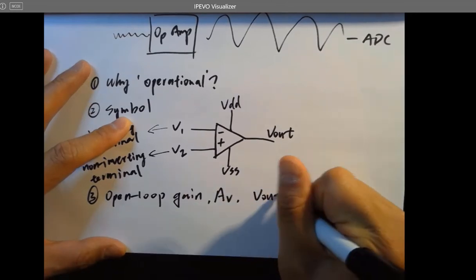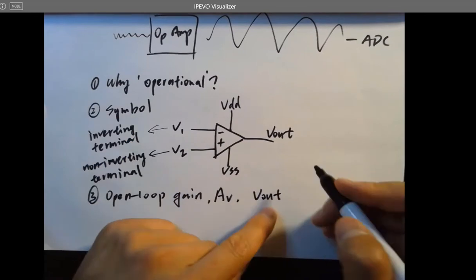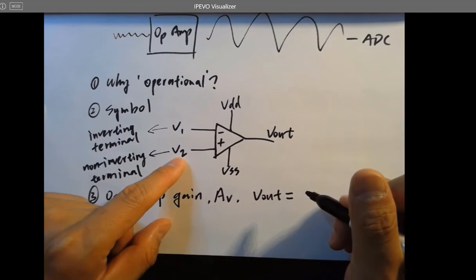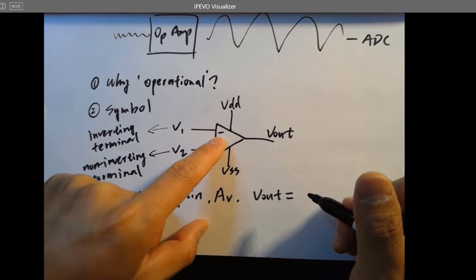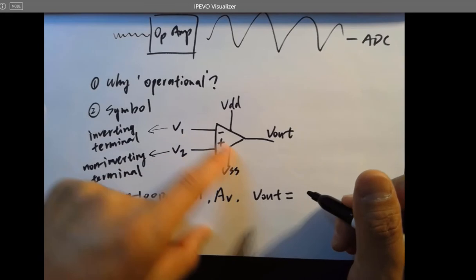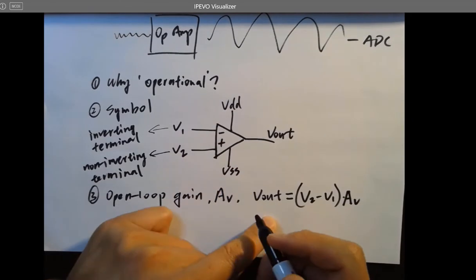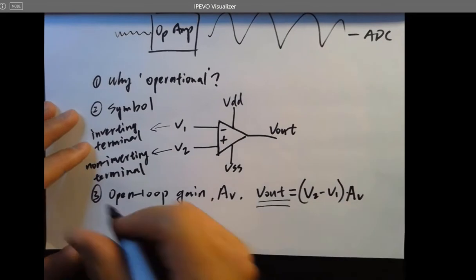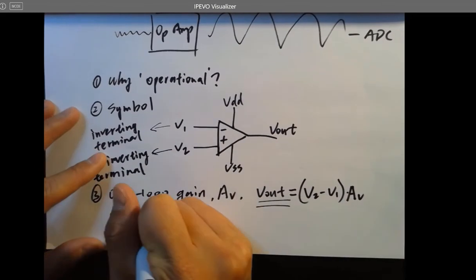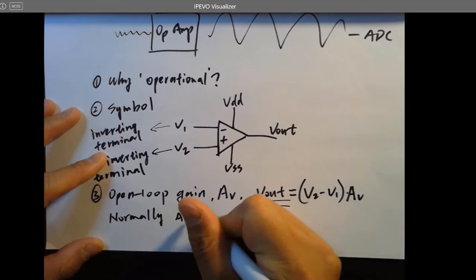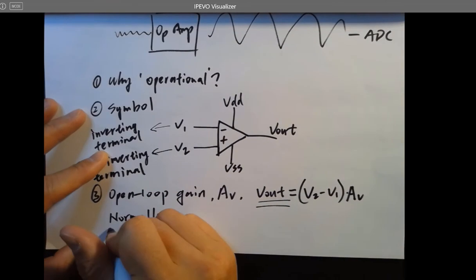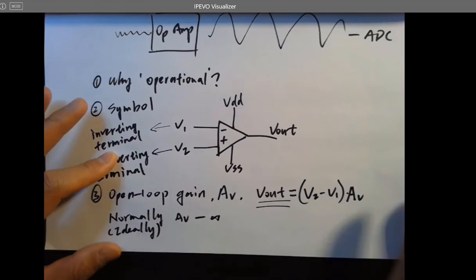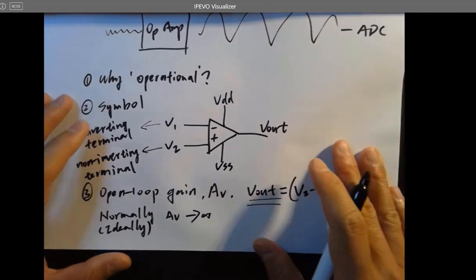If you have an op-amp like this, V out equals the voltage at the non-inverting terminal minus the voltage at the inverting terminal, which is V2 minus V1, times AV, the open loop gain. That's V out. And ideally, AV is infinity, but in real life, it's just a very large number.